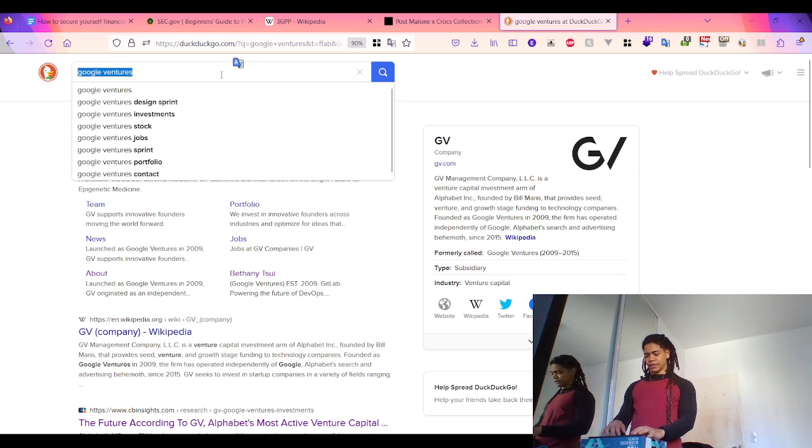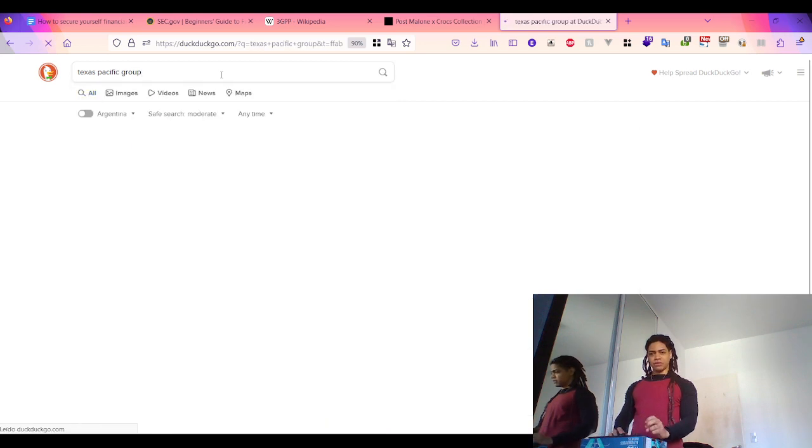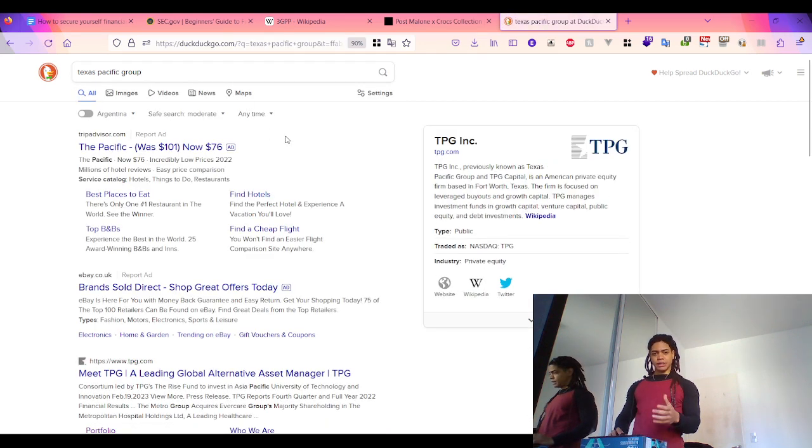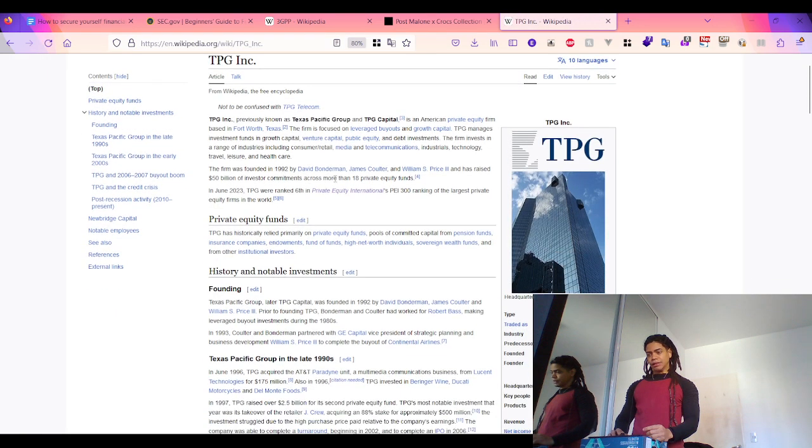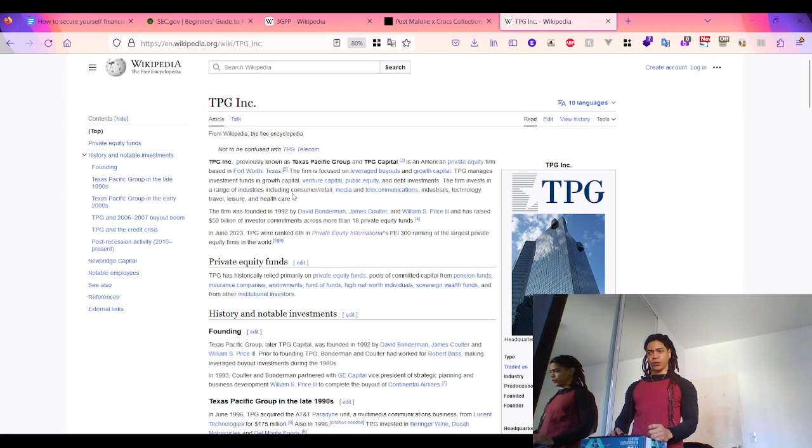Also we have things like Texas Pacific Group, which is a private equity firm that invests primarily in real estate, healthcare.